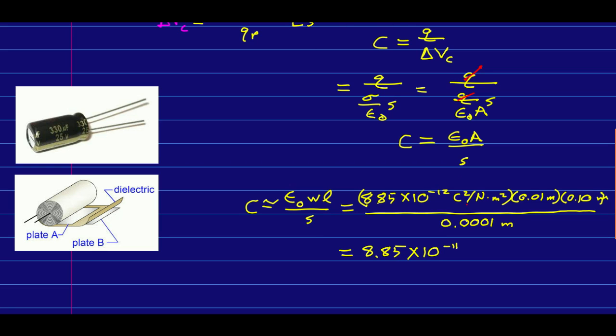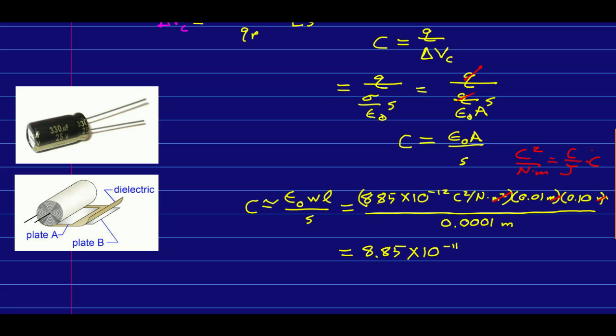And let's just check units. All the meters are gone, and we get Coulomb squared per Newton meter. That is Coulomb squared per joule, or coulombs per joule times coulombs.